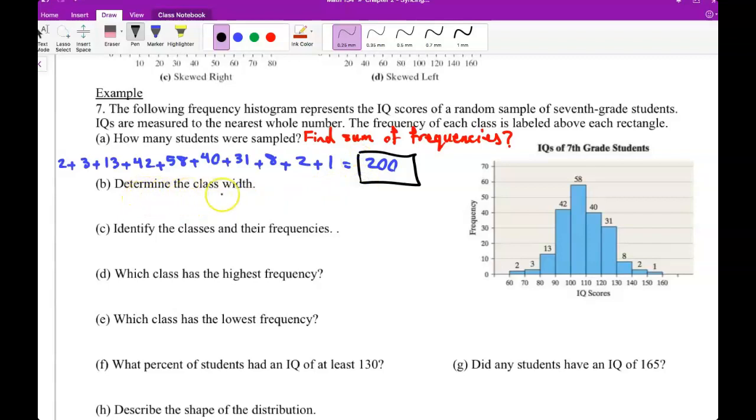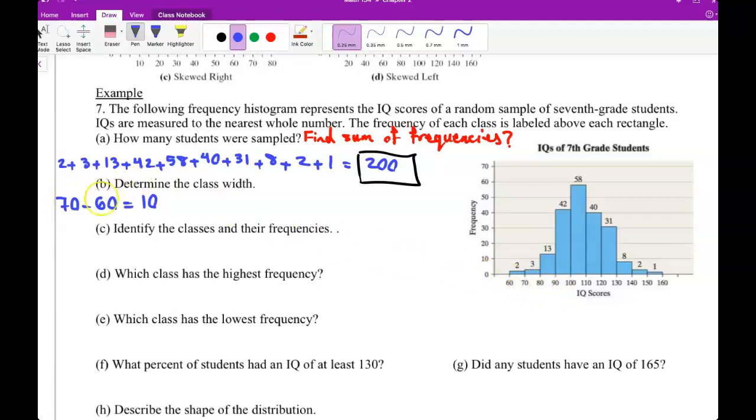Part B, determine the class width. Remember that this one is the lower limit. So these are lower limits: 60, 70, 80. So our class width is 10. 70 minus 60 is 10. So choose consecutive classes, like you can choose 80 minus 70 or 90 minus 80.